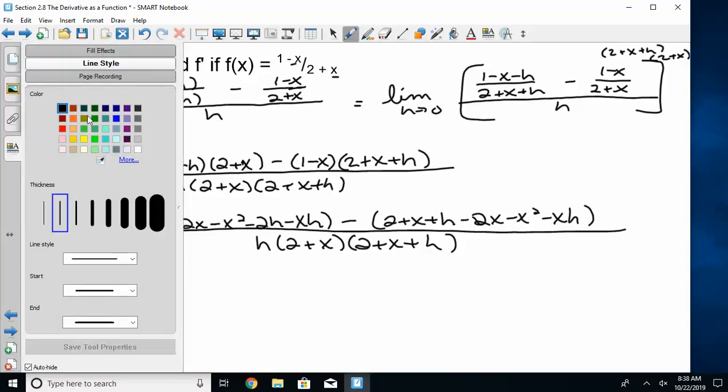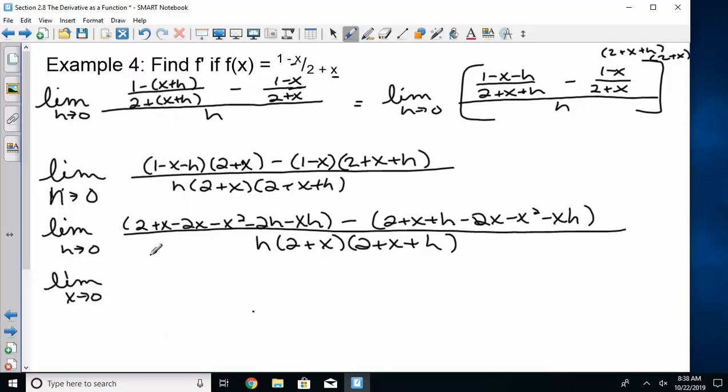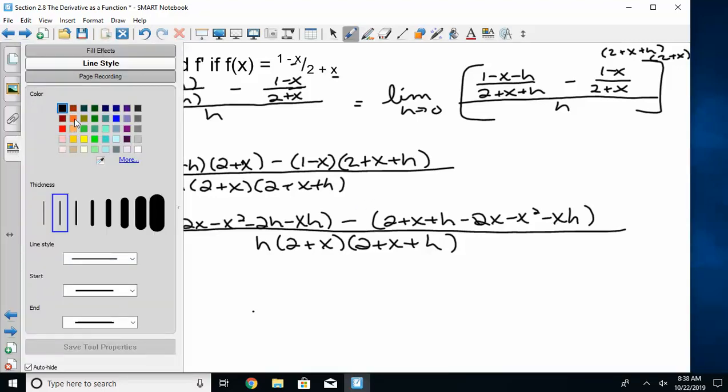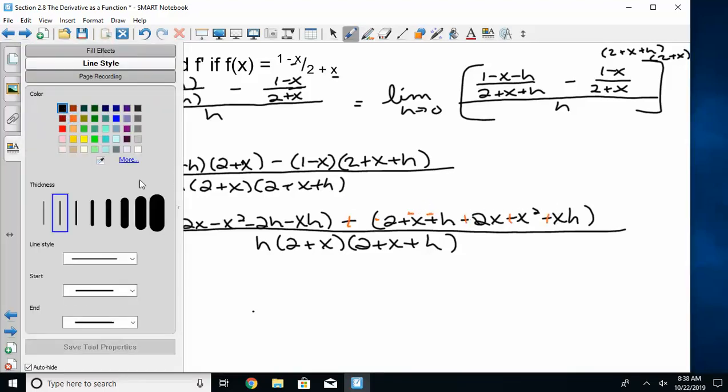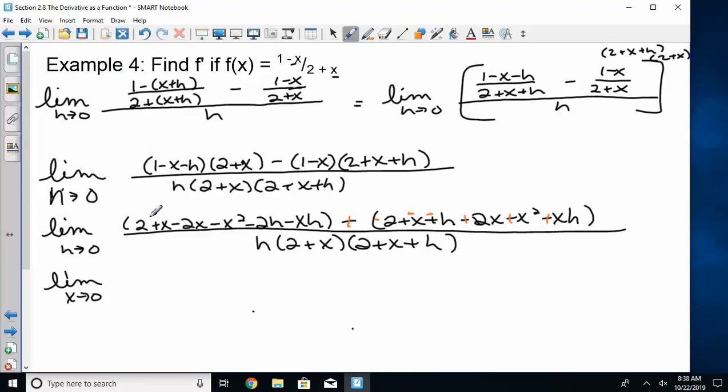We need to clean this up a lot. So can I go ahead and just distribute my negative? Start canceling as I simplify. So the 2's drop, x's drop, 2x drops, x squared drops, and my xh drops.